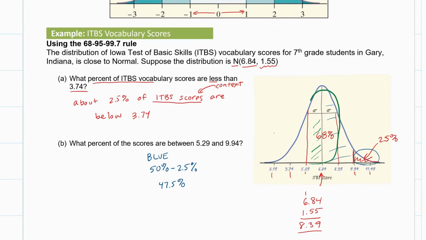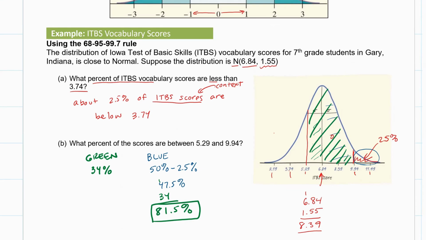All of this area is 68%, and this is half of that area. So on the green side, I got half of 68, which is 34%. Now, if I want to know how much is between here and there, I can add those two numbers up. 34% plus 47.5% is about 81.5%. And then let's write our answer out.